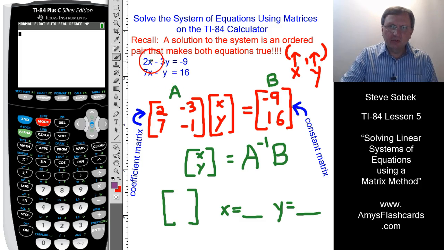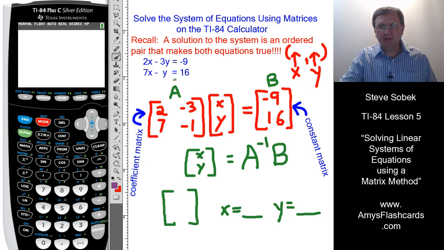It's easy to find an ordered pair that makes one of these equations true, like a 0 for x and a 3 for y makes the first equation true, but it doesn't make the second equation true. There's millions of ordered pairs that make the first equation true, millions that make the second equation true, but there's only one ordered pair that makes both of these equations true.